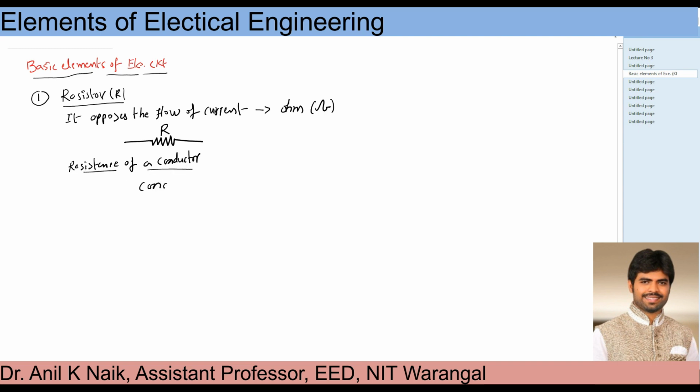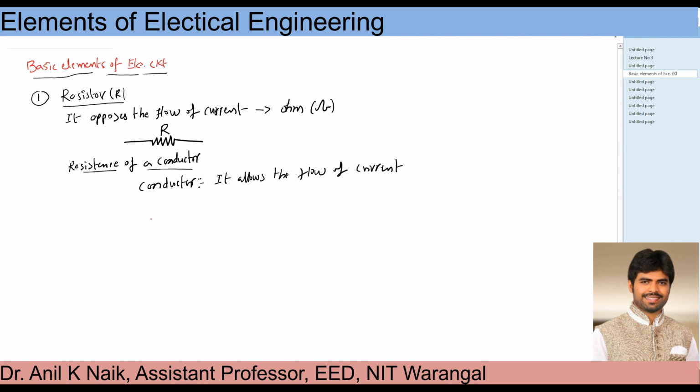A conductor is a material with the property that it allows the flow of electrons, it allows the flow of current, or it conducts the current. That is the definition of a conductor.